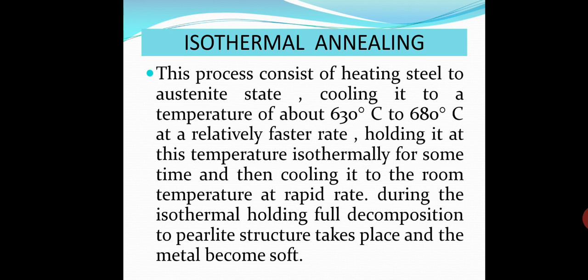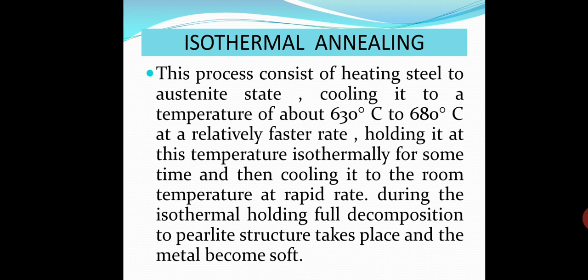Annealing is a very slow cooling process, but in this case, this part of cooling is relatively fast. Holding it at this temperature isothermally, at one temperature. Isothermal means temperature does not change for some time.